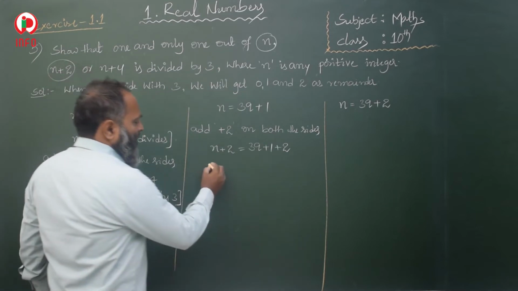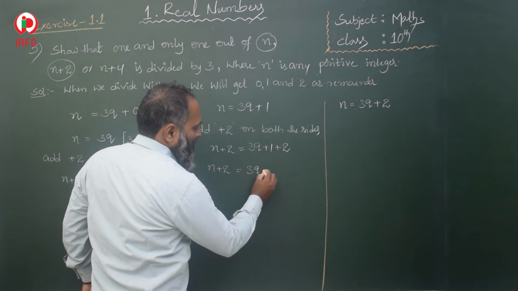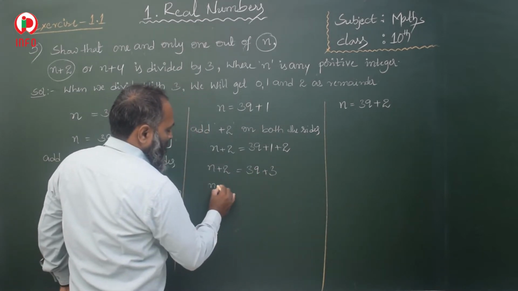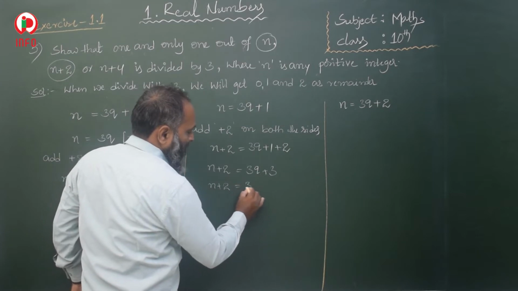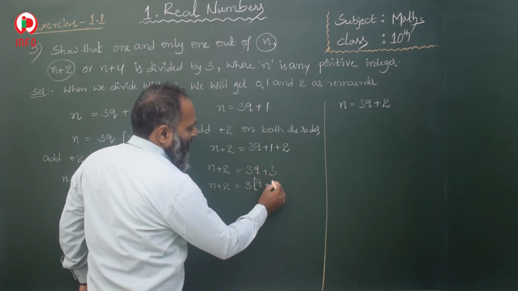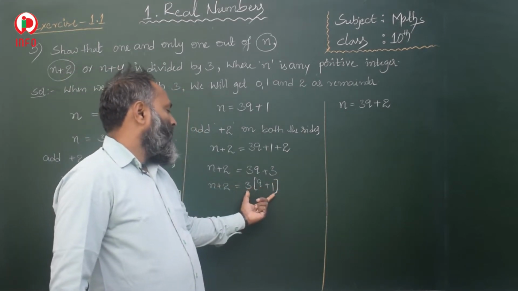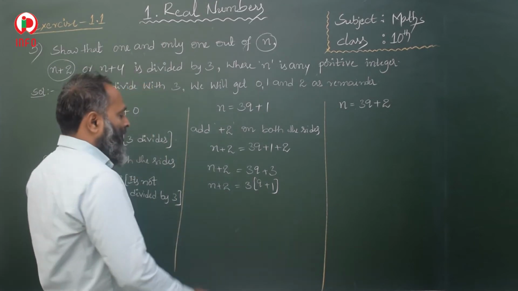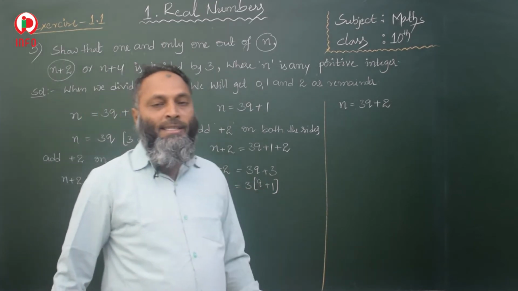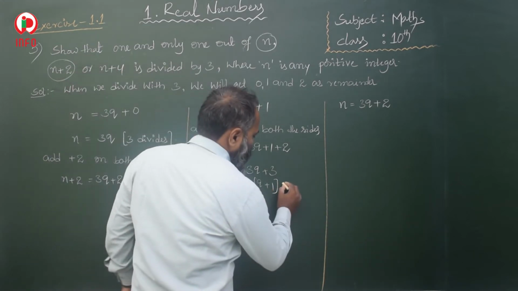Now n plus 2 is equal to 3q plus 3, then taking 3 common, q plus 1 is left. So this is a multiple of 3, and since a multiple of 3 is given, it means 3 divides.